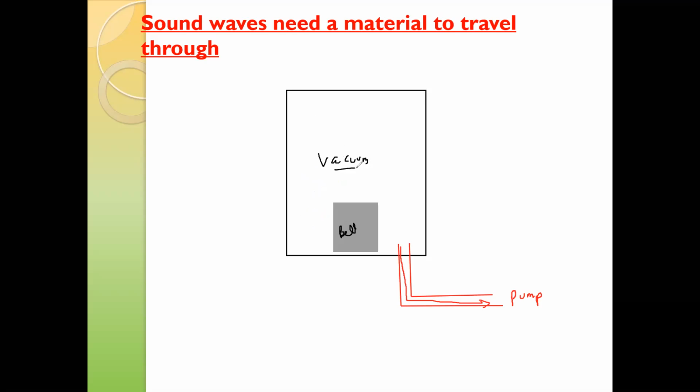Because we created a perfect vacuum and there is no sound, it shows that sound cannot travel through vacuum, or sound requires a medium to travel. Is it clear? This is a simple bell jar experiment to show that sound cannot travel through vacuum.